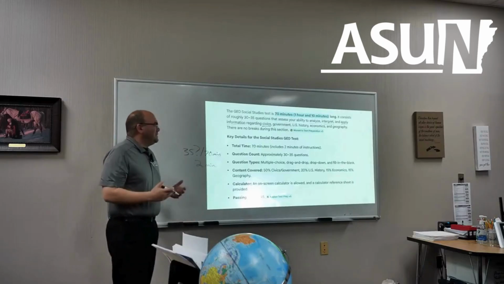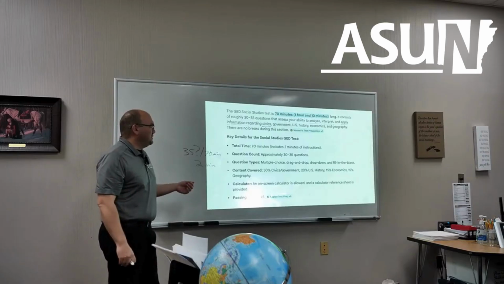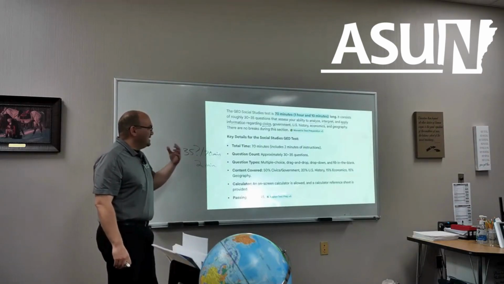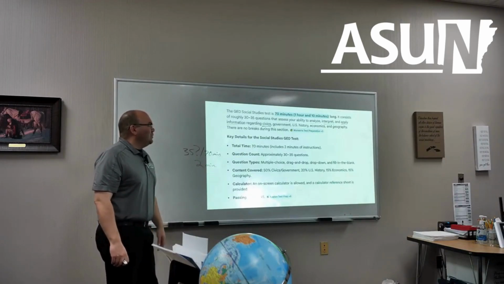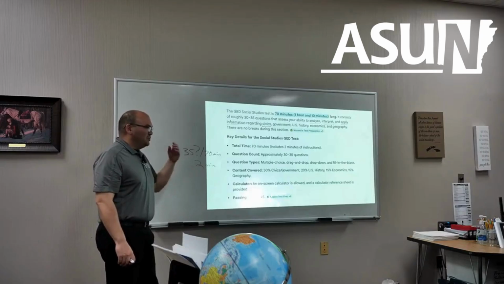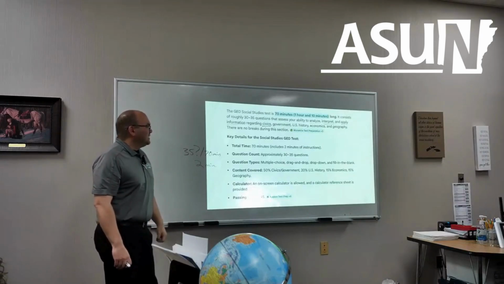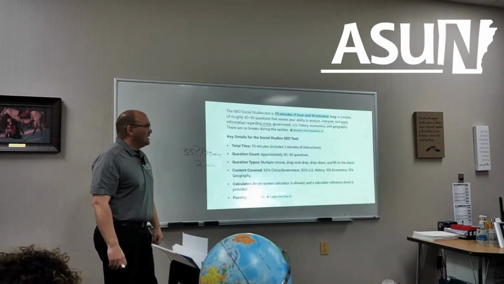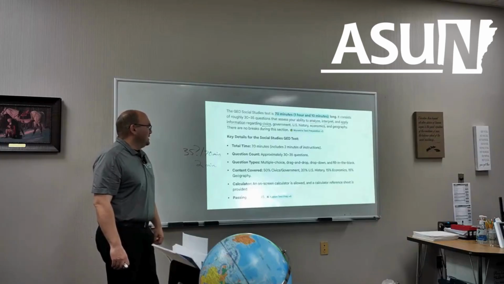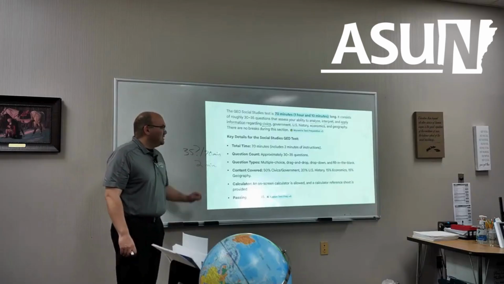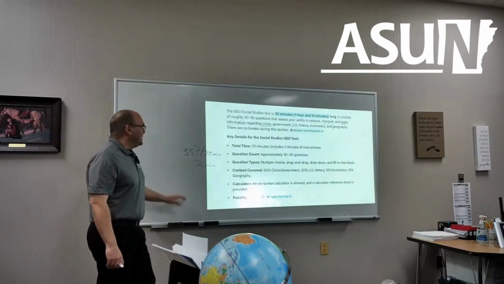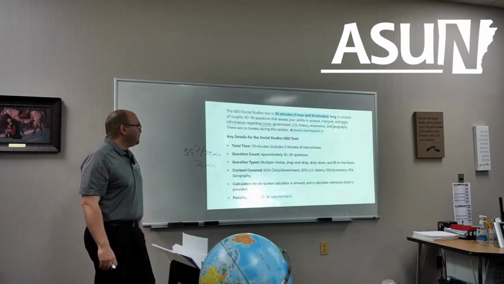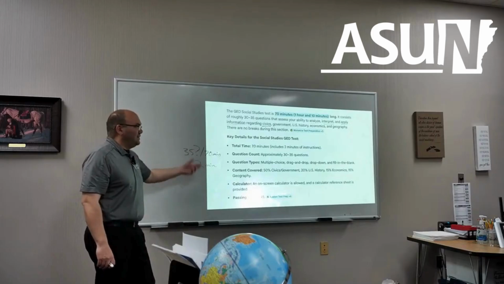This is what hangs people up sometimes: they try to get in depth. They really sit there and study this question. While that is possible to do if you're a really fast reader, a lot of times that can hang you up. I'm not telling you to go quickly through the test or just skim through it, but you cannot get behind because you don't have any time to make up.